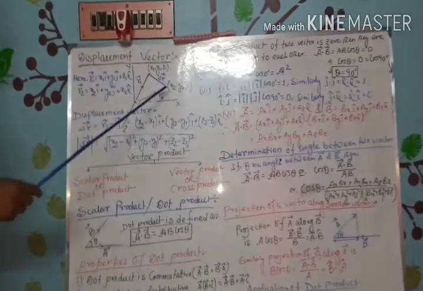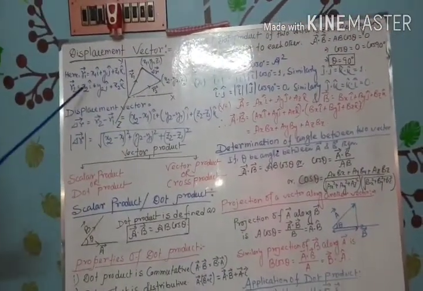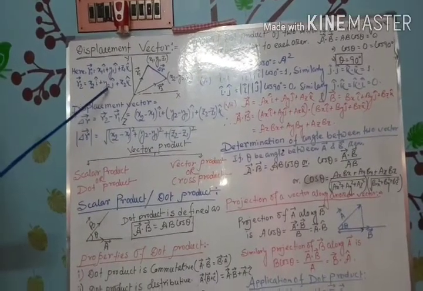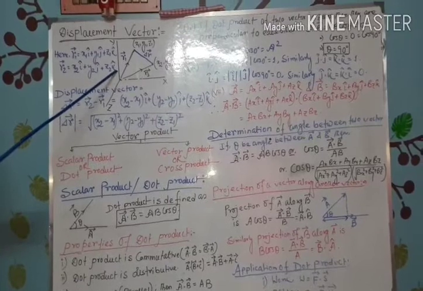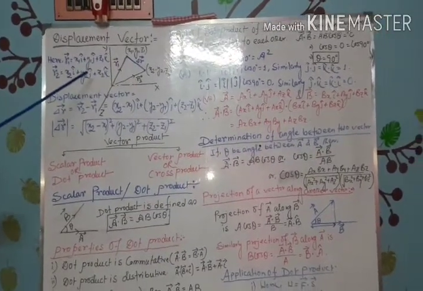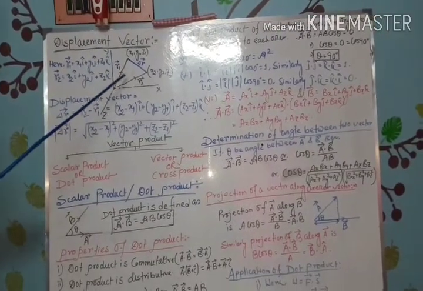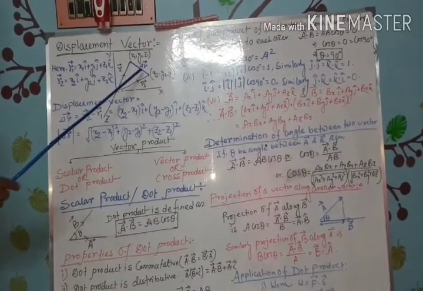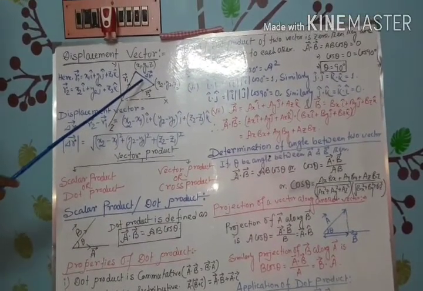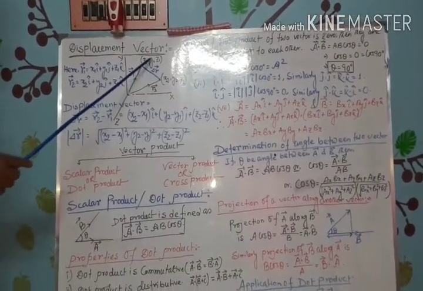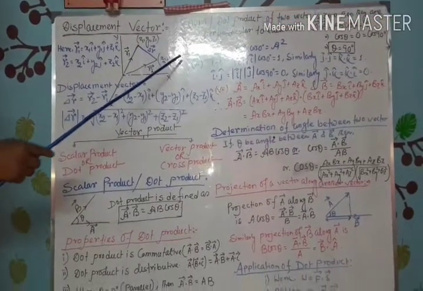And the position vector of the point x2, y2, z2 is x2 i cap plus y2 j cap plus z2 k cap. Now if we want to determine the displacement vector, according to this diagram, del r is the displacement vector which is directed from the point x1, y1, z1 to the point x2, y2, z2.